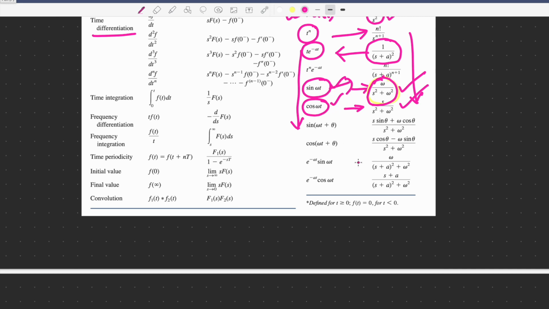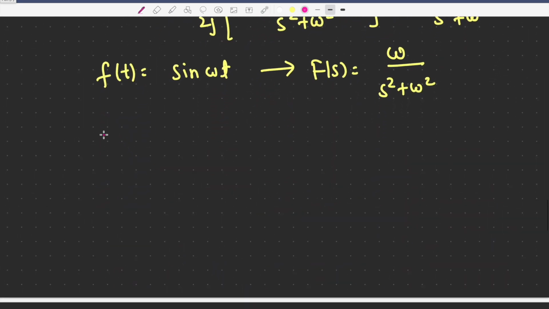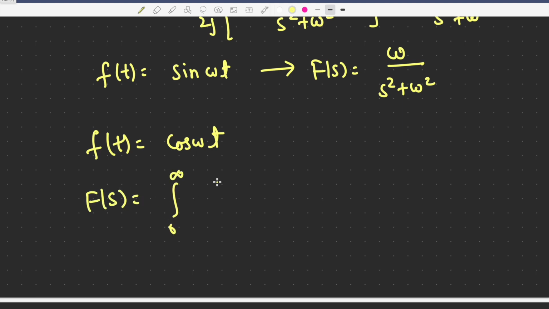Similarly for cos omega t also we can do this. What we have to do is just take the function as cos omega t, so we can write F(s) as the integral from 0 to infinity of cos omega t e to the power minus st dt.